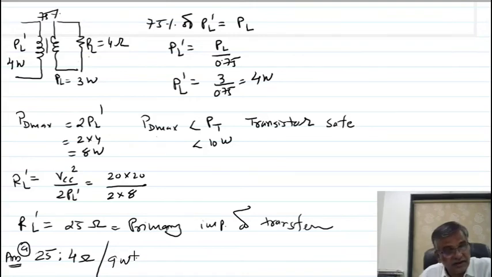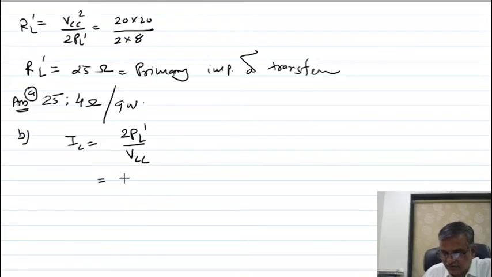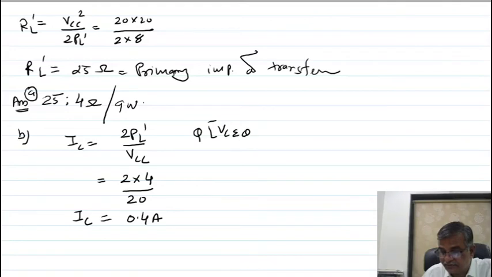Now let us do the calculation for the second part, B. For B I can write IC is nothing but 2PL dash upon VCC. So 2 into 4 upon 20, so 0.4 ampere. Now they are asking you the operating point, meaning they are asking you this coordinate.